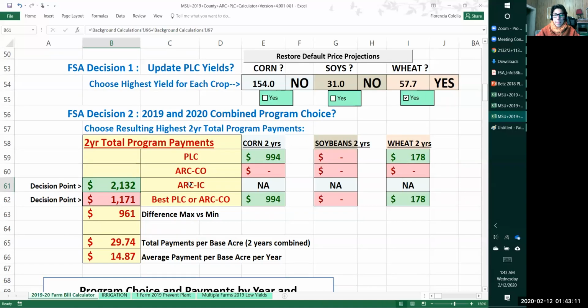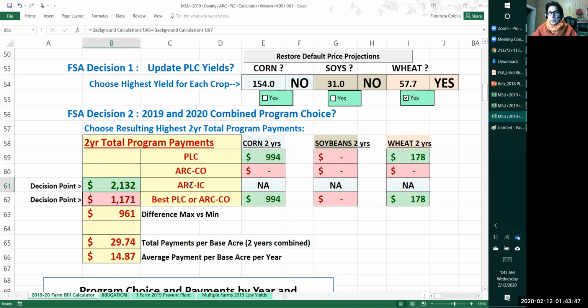So it could happen that a third farm with better yields may not trigger a payment if it signs up for ARC IC on its own. But if you put it together with the other two farms that did have prevented plant and low yields, then if all three are signed up through ARC IC, the payment triggers for ARC IC and it's a lot higher. That's the concept.